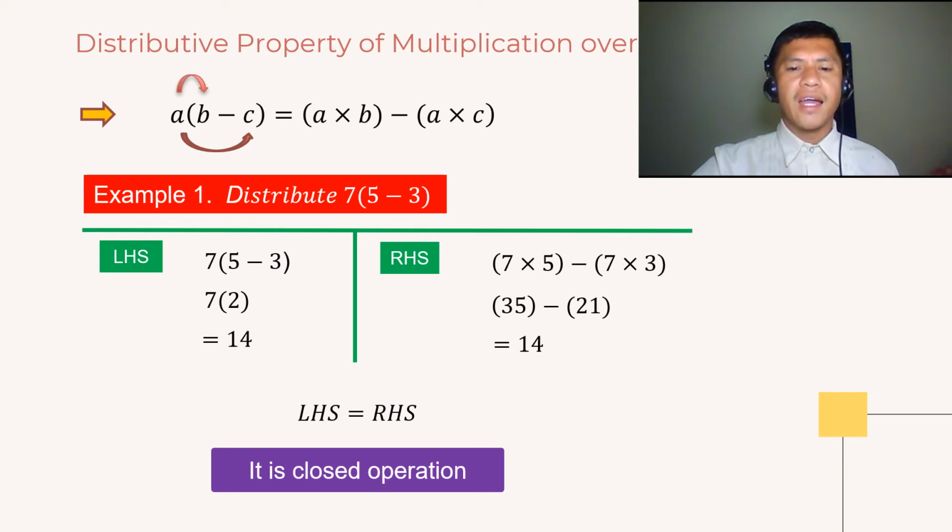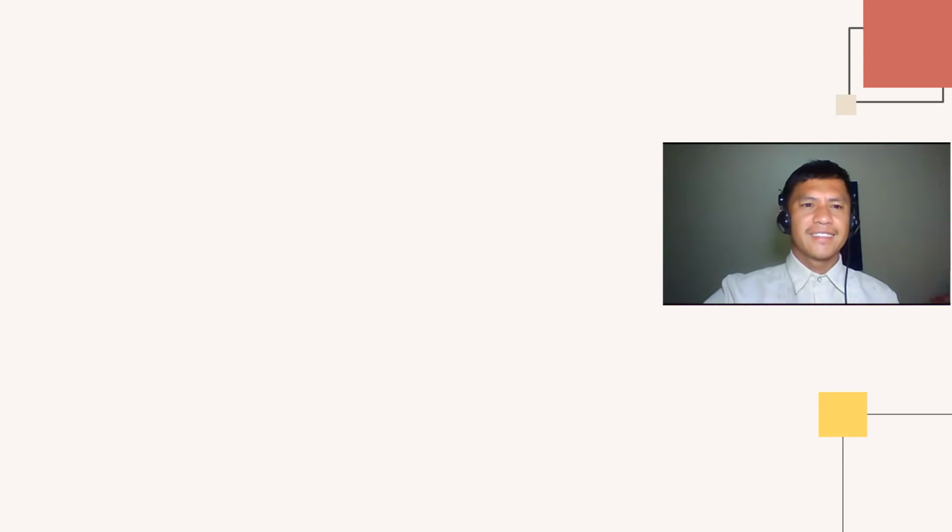On the right-hand side, we simply multiply 7 times 5 and 7 times 3. Then we get the difference of the product of the two factors. So 35 minus 21, we have 14. Since the left-hand side solution is equal to the right-hand side solution, therefore it is applicable for subtraction.